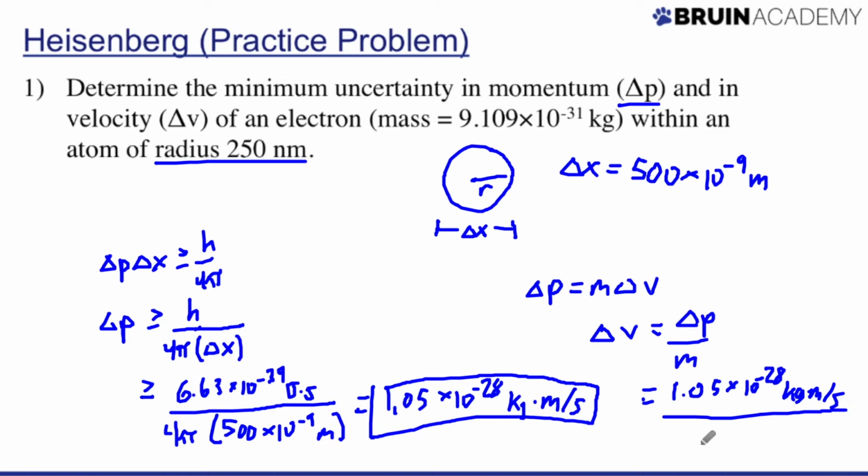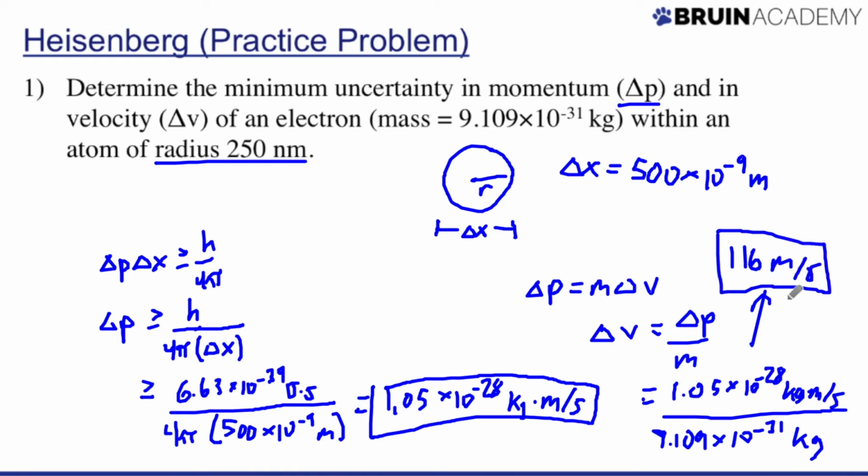We divide by our mass, which is given as 9.109 times 10 to the negative 31 kilograms. We put that in our calculator, and we should get 116 meters per second.